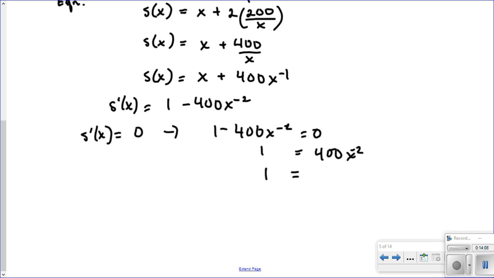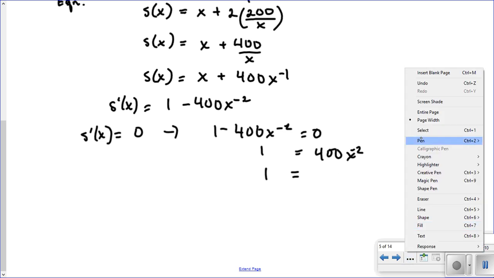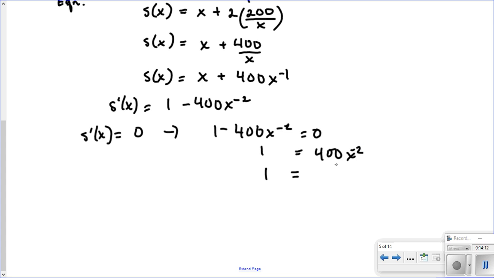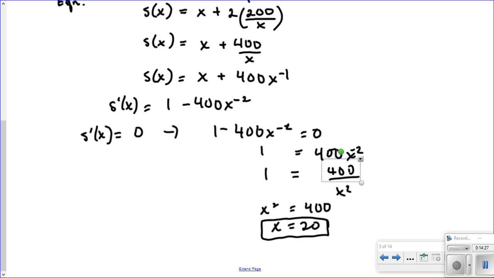Okay, so it's 1 equals 400 over x squared. Okay, that means x squared, if I cross multiply, x equals 20. Okay, so there's my one answer.